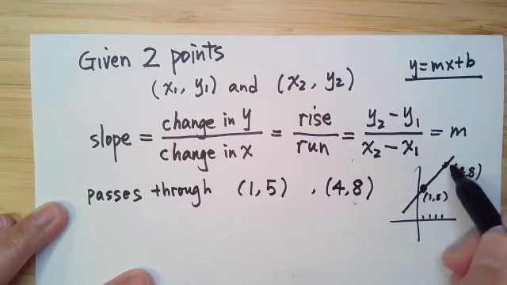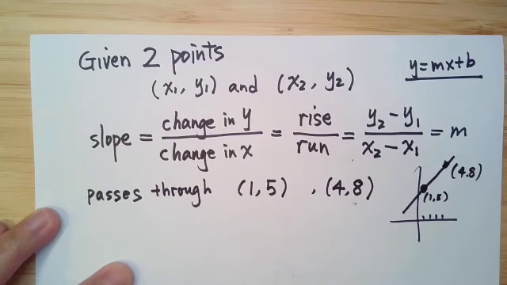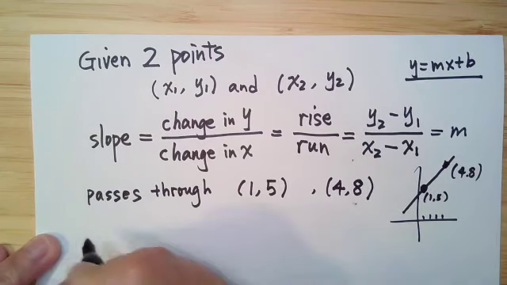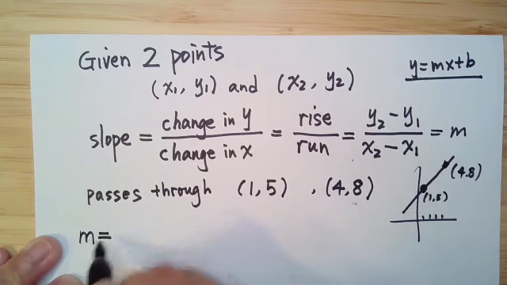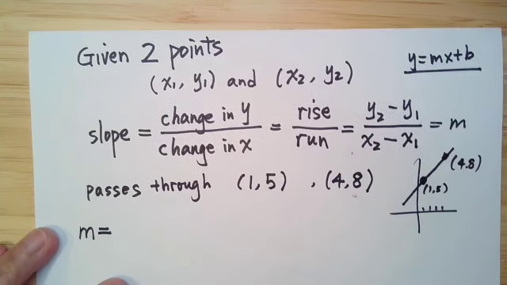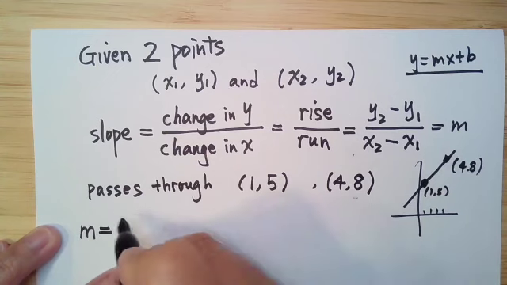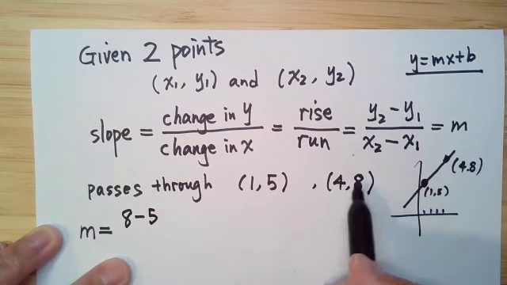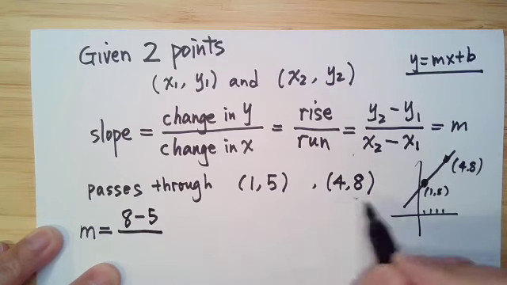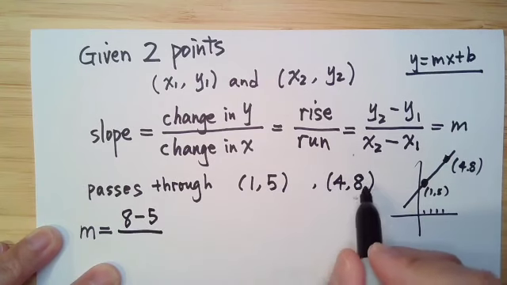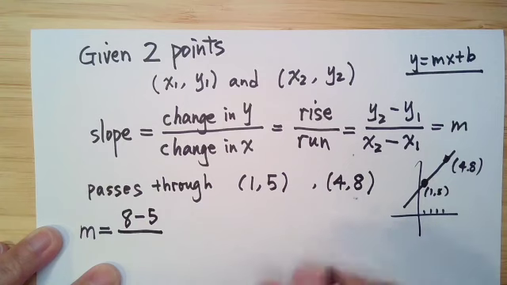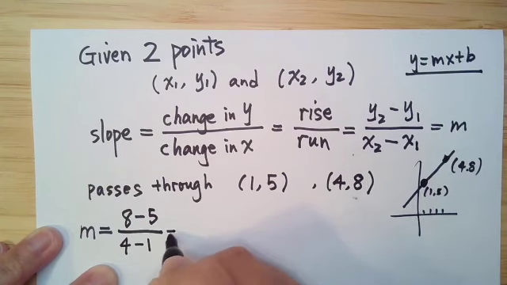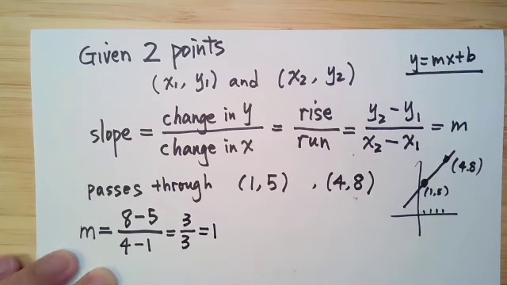Yes, if you're given 2 points, you can find the equation. And we find the slope first. So slope equals the change in y, which is 8 minus 5, right? Change in y is later minus before. And then 4 minus 1, you get 3 over 3 is 1. So you have slope is 1.